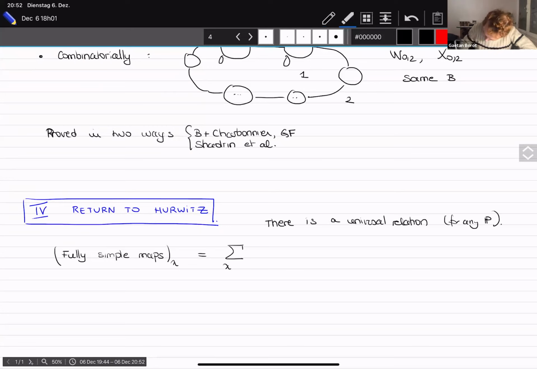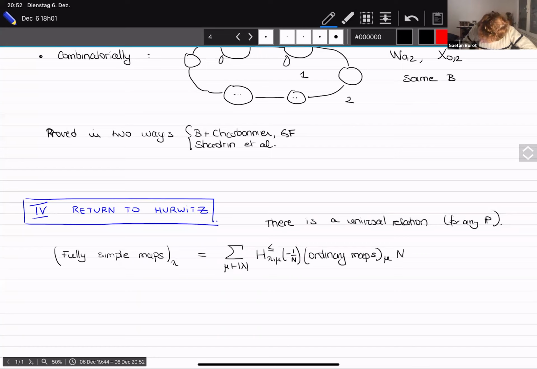So fully simple maps can be obtained from ordinary maps, with a certain kernel here, which is exactly the weakly monotone Hurwitz numbers, just with a certain width. Gamma is -1/n.